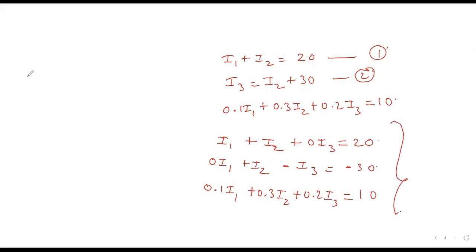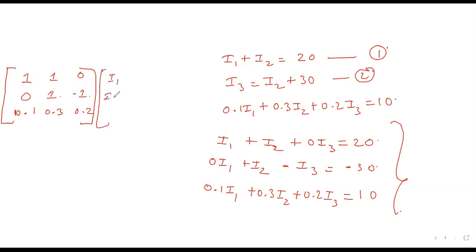So this is in the form of the matrix 1, 1, 0; 0, 1, -1; 0.1, 0.3, 0.2, multiplied by I1, I2, I3, is equal to 20, minus 30, plus 10.